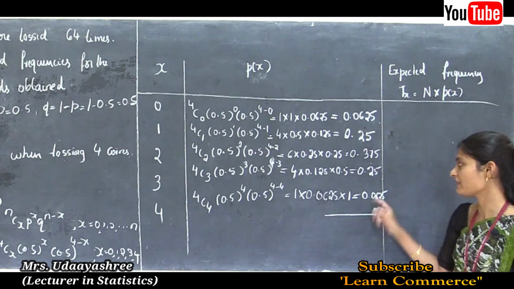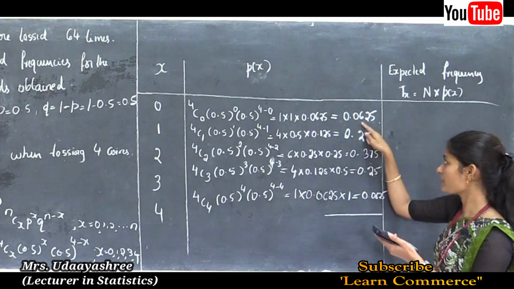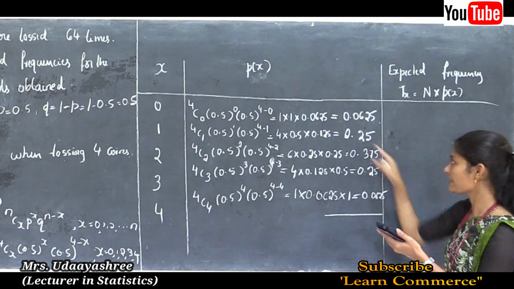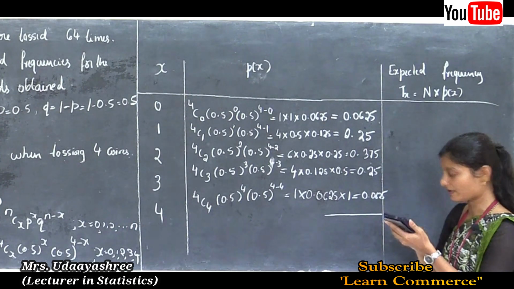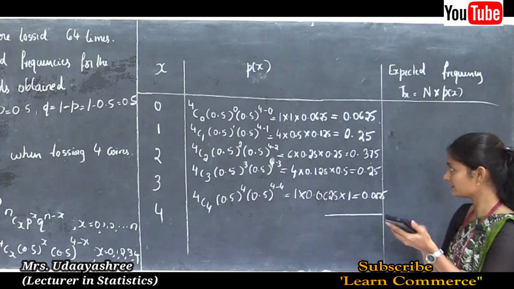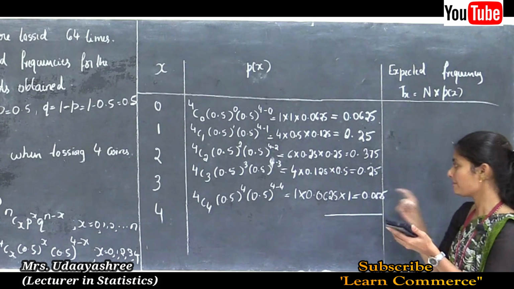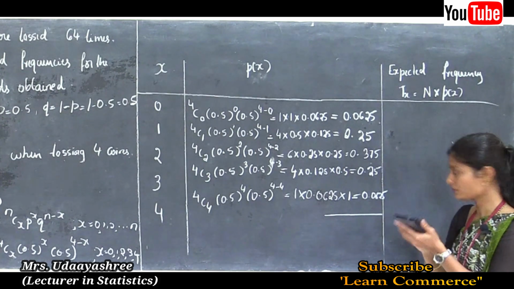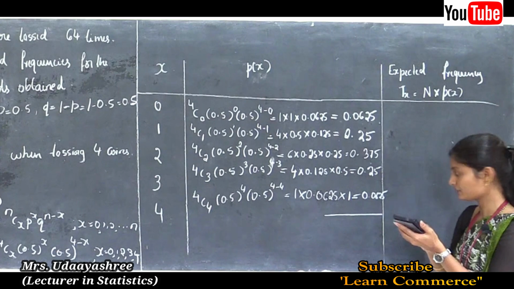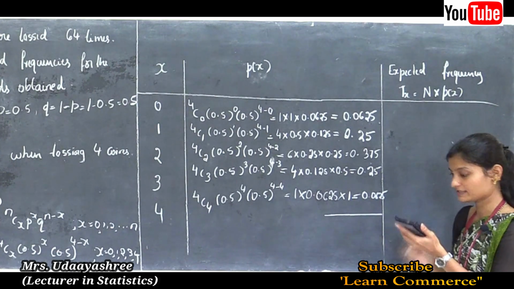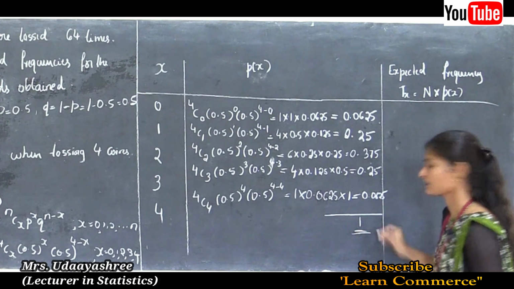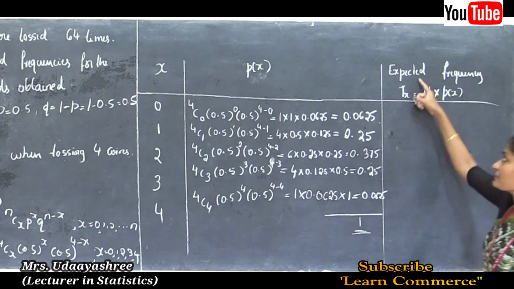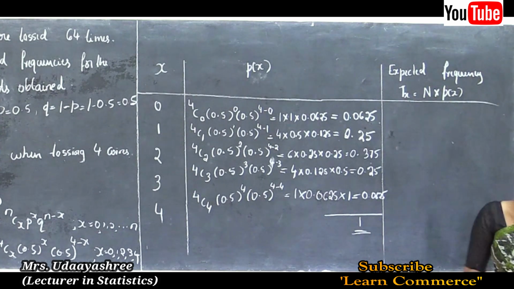Okay. Next, we know that the sum of probability is always equal to 1. Let us check the value. The first one is 0.0625 plus 0.25 plus 0.375 plus 0.25 plus 0.0625 is 1. Okay. Next we need to calculate expected frequency. What is the formula?